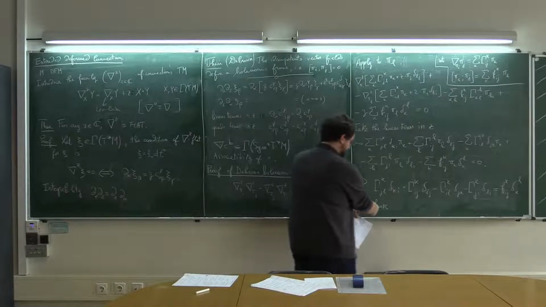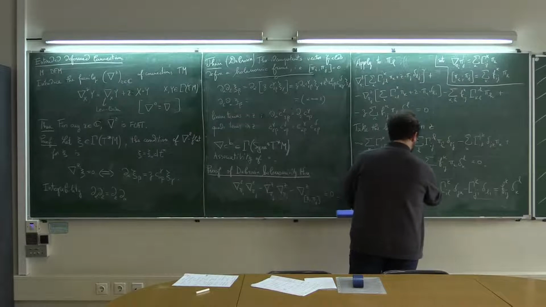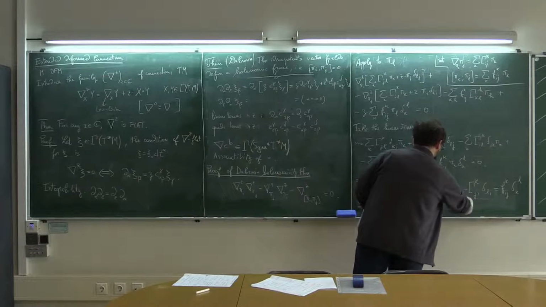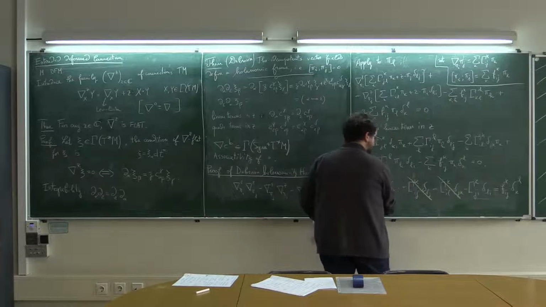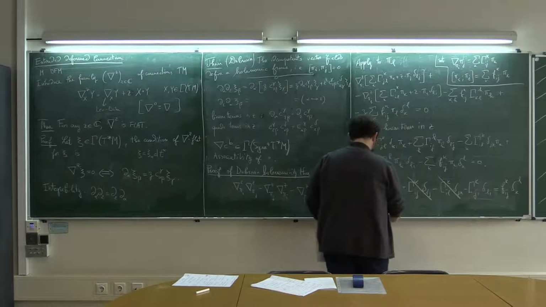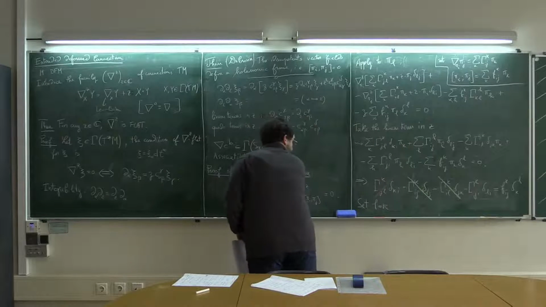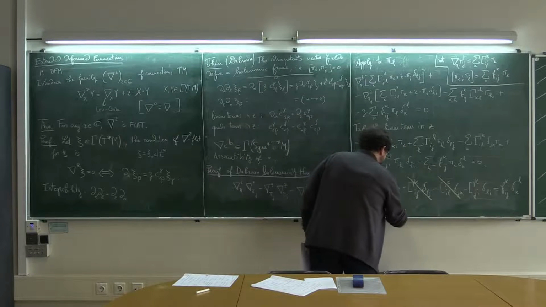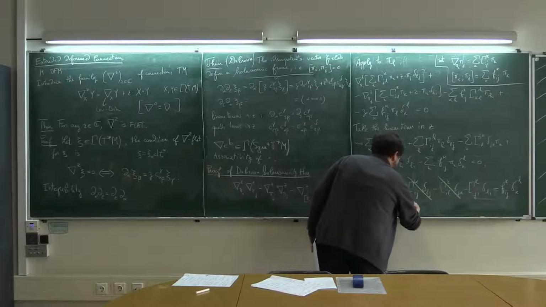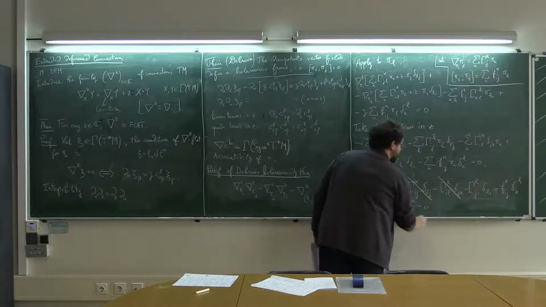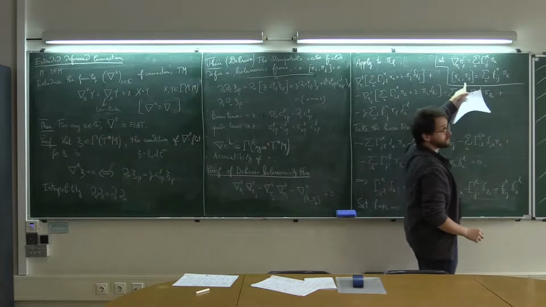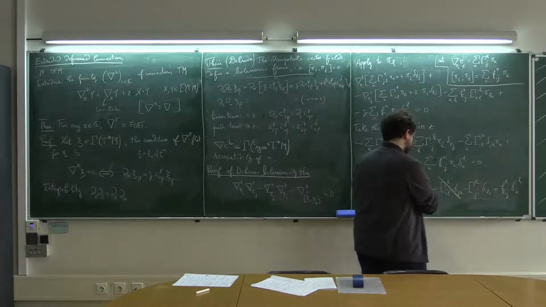If l equals k, this cancels this, and this cancels this. And in particular, we deduce that f_ijk equals 0. So the vector fields commute.